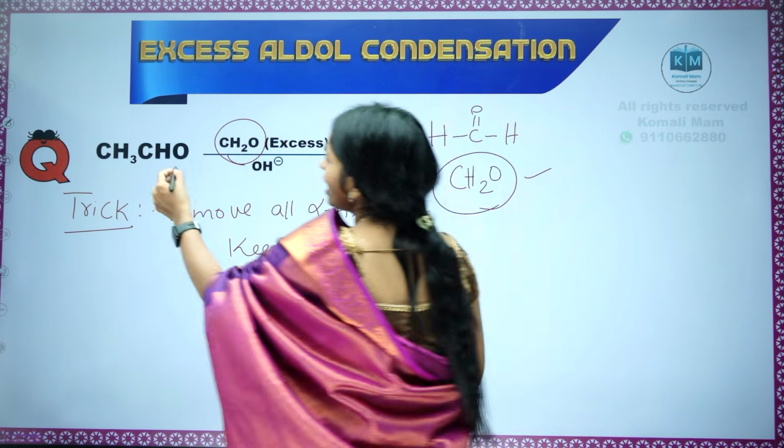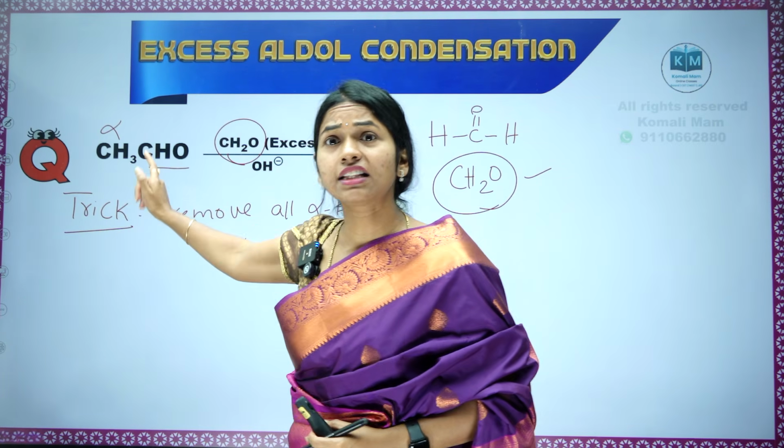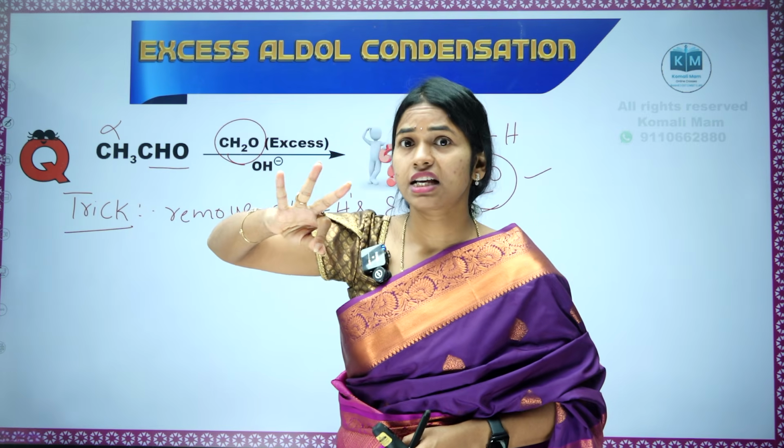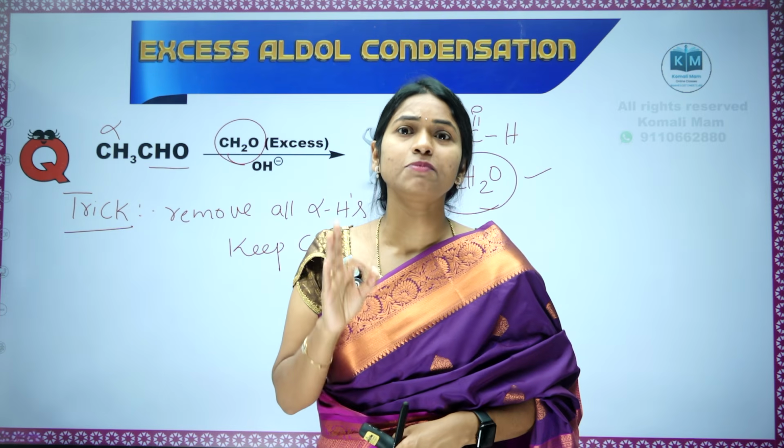That's it. See, carbonyl carbon, next carbon, alpha carbon. How many hydrogens are there? Tell me. 3 alpha hydrogens are there. Remove those 3 alpha hydrogens, and in their place just keep CH2OH.